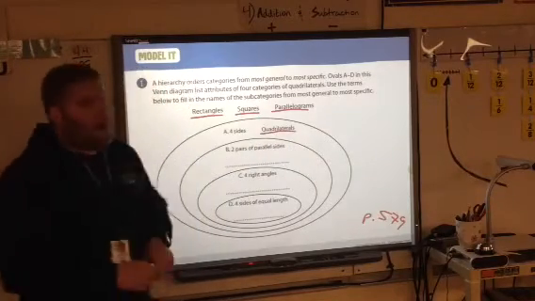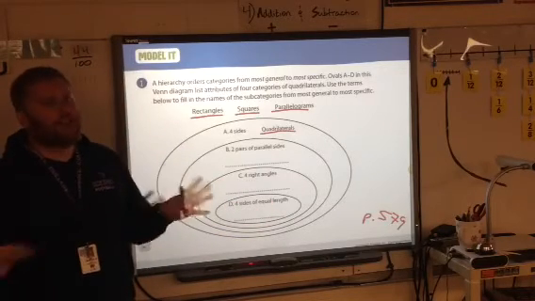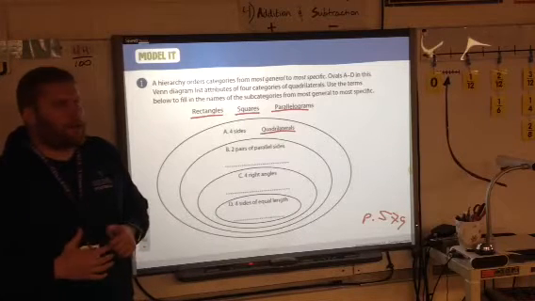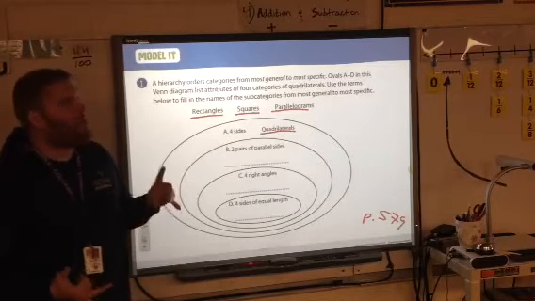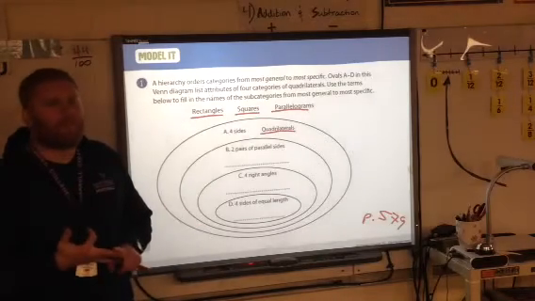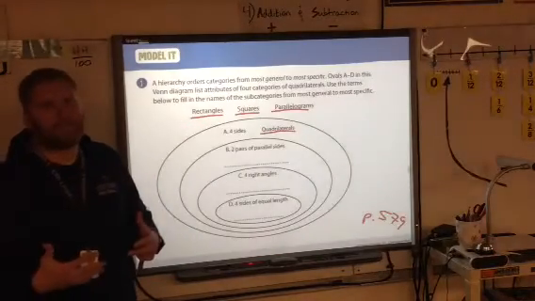A quadrilateral is any shape that has four sides. It could be something that doesn't have parallel lines, doesn't have right angles, and doesn't have equal lengths of sides. Any shape that has four sides is a quadrilateral.